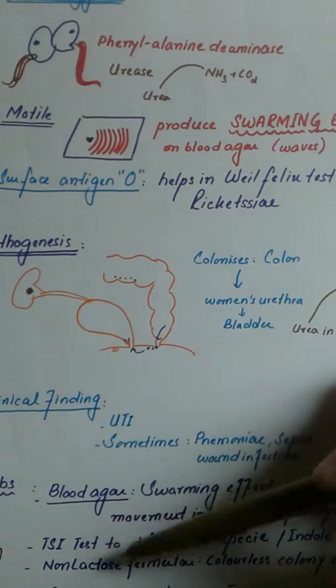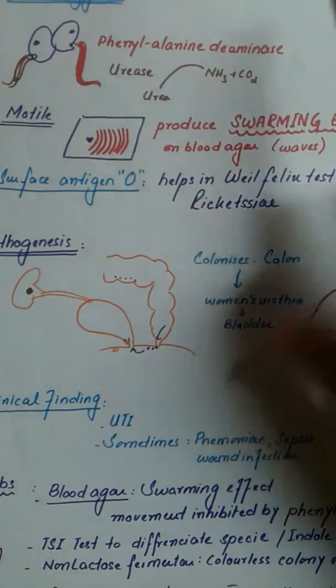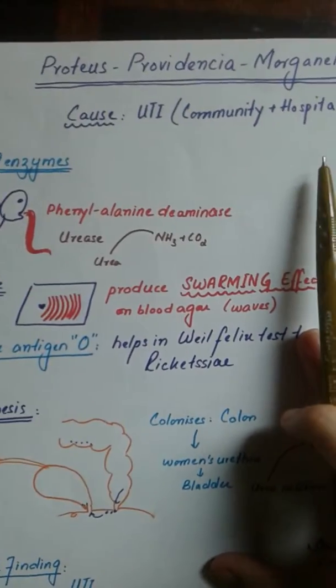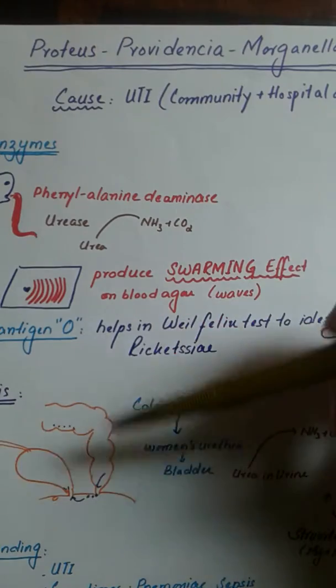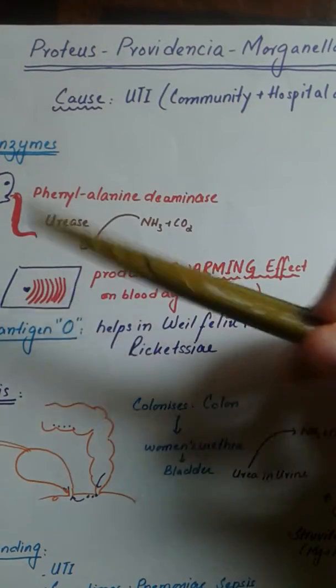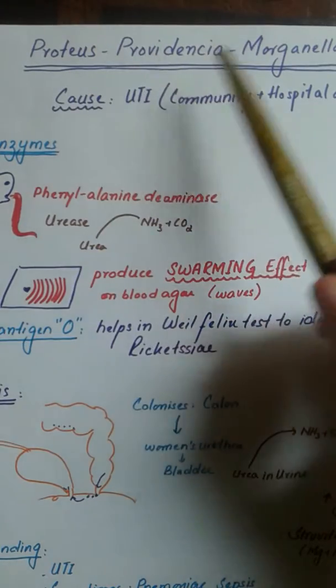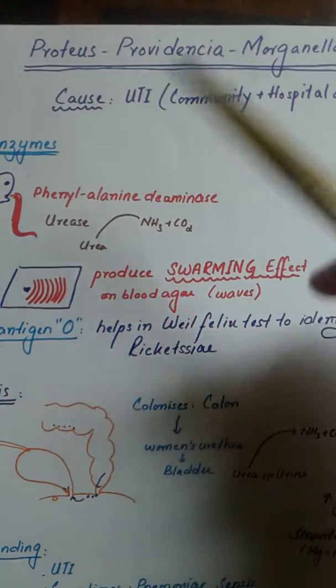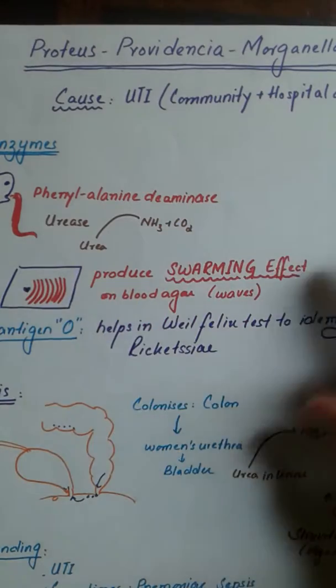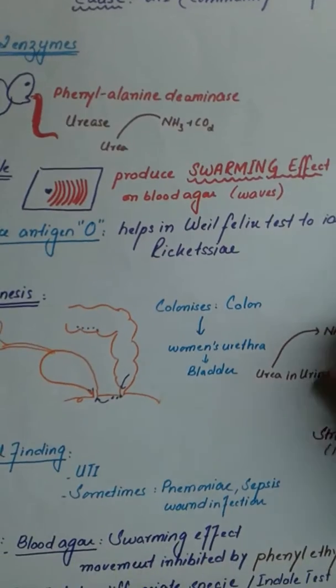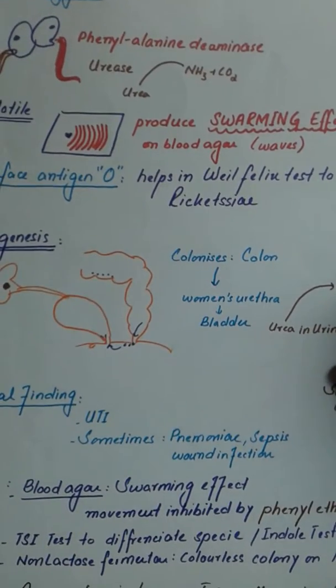Apart from that, we can do a TSI test, which helps to differentiate between these three organisms, because we know that it is a gram-negative rod and it could be either Proteus, Providencia, or Morganella. So in order to identify which specific organism is causing this, we do a TSI test.